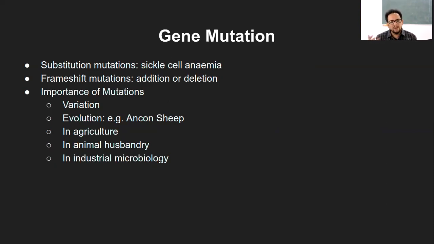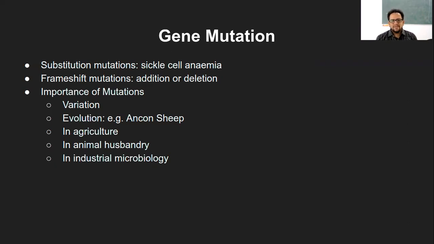But yeah, if there are any changes that affect the functional aspect of the protein, obviously that is a harmful mutation. But there are these different possible combinations of mutation. Like I said, one getting added and one getting deleted within a short stretch of DNA may or may not really affect the protein formation at the end.